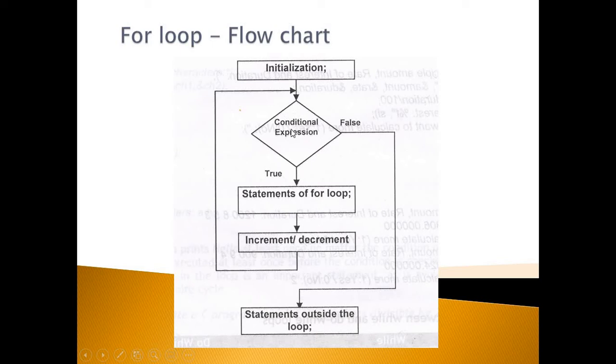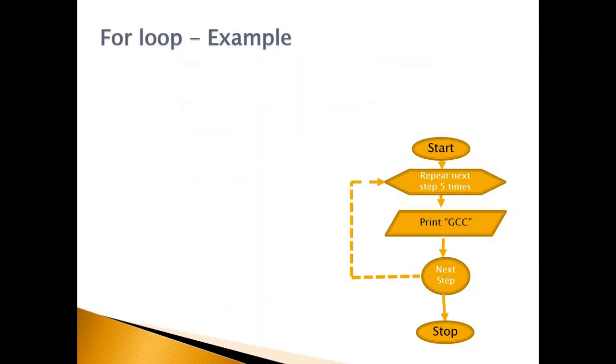If it is true again, it executes the statements of the for loop and then increments the value again. This process is repeated for some number of times. Once this condition becomes false, it will not repeat the steps, and it comes out of the loop. This is how the for loop works.